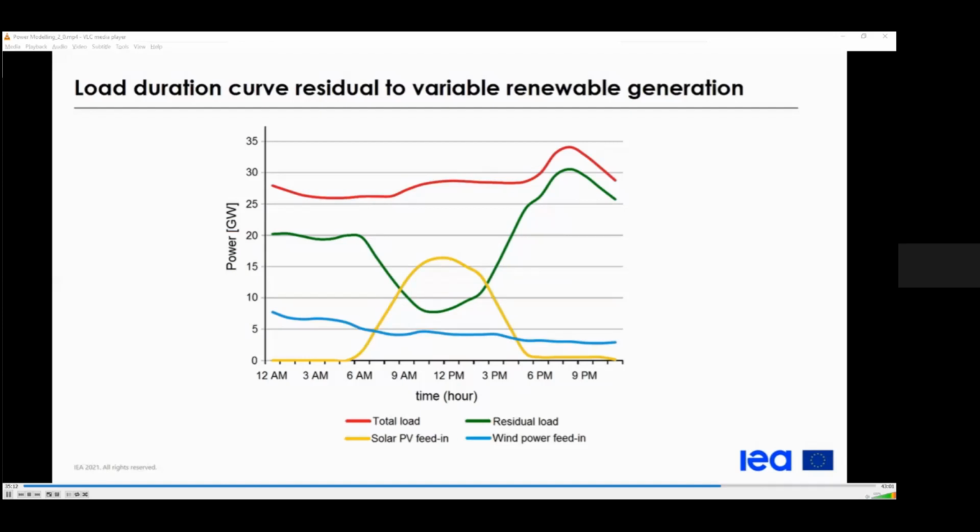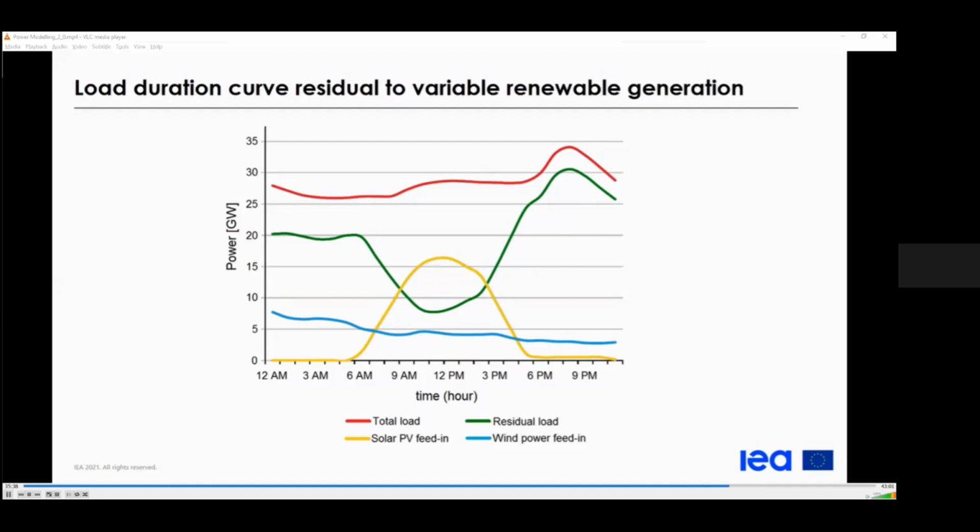Here, when the solar output ramps up, then the rest of the system in green needs to ramp down to compensate for this. And the same happens in the evening. When the solar output is coming down, then the rest of the system needs to adapt to compensate for this.